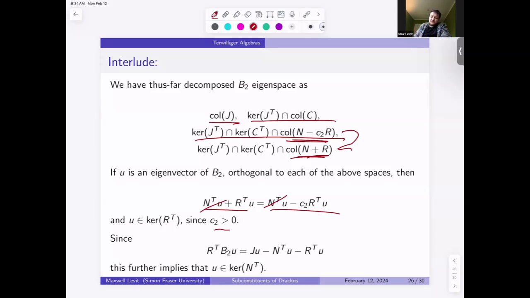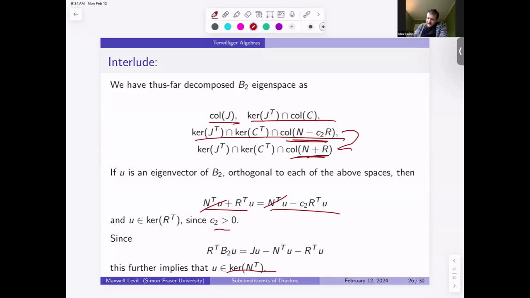And because you had to live in the kernel of R transpose already, you also had to live in the kernel of N transpose. So not being in any of these spaces that we've already looked at means that you annihilate N transpose and R transpose already, if you're an eigenvector.